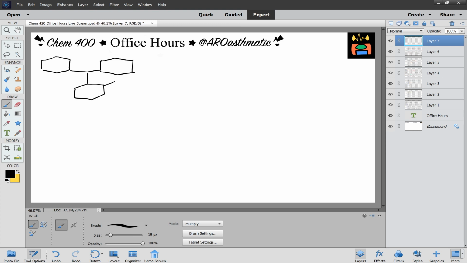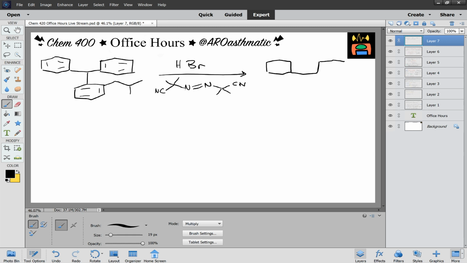So starting from this substrate, exposing it to these radical bromination conditions, we are going to brominate at the position that can form the most stable radical, which is here. So this will be our major product.